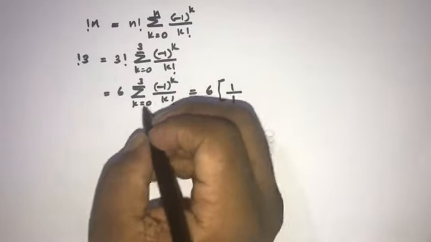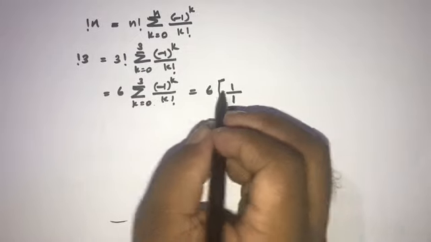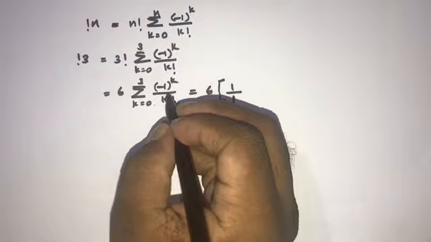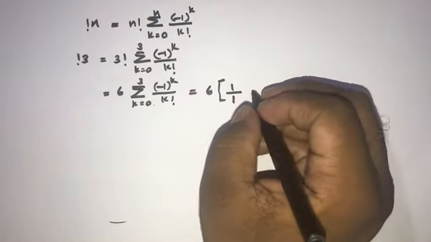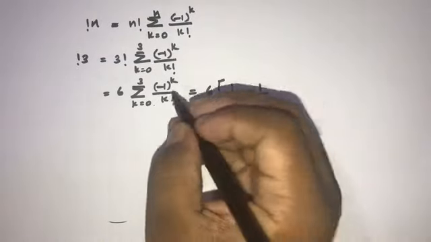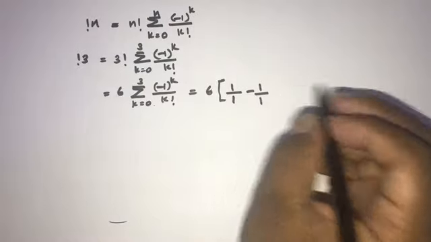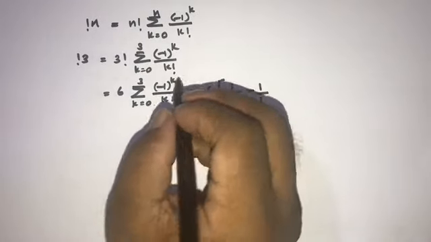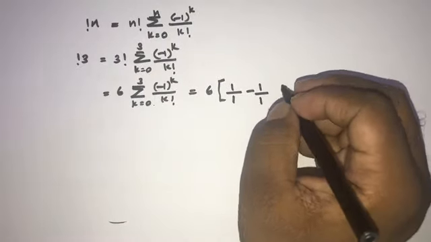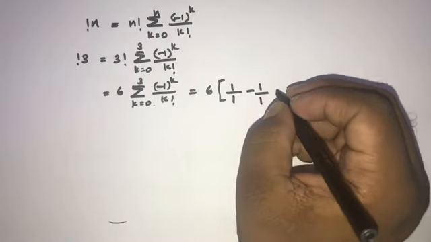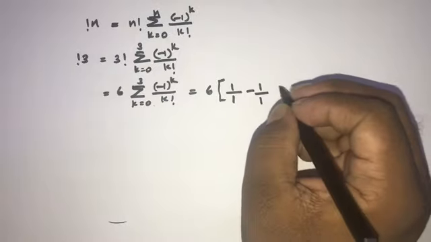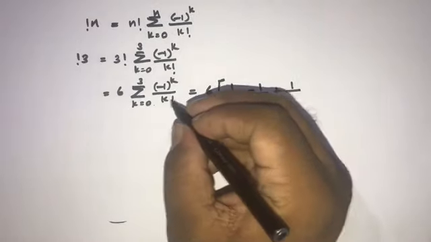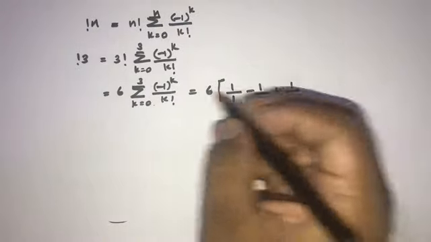Next k equals 1: minus 1 to the 1, so minus 1 over 1 factorial, which is 1. Next k equals 2: minus 1 squared, so plus 1 over 2 factorial, which is 2.